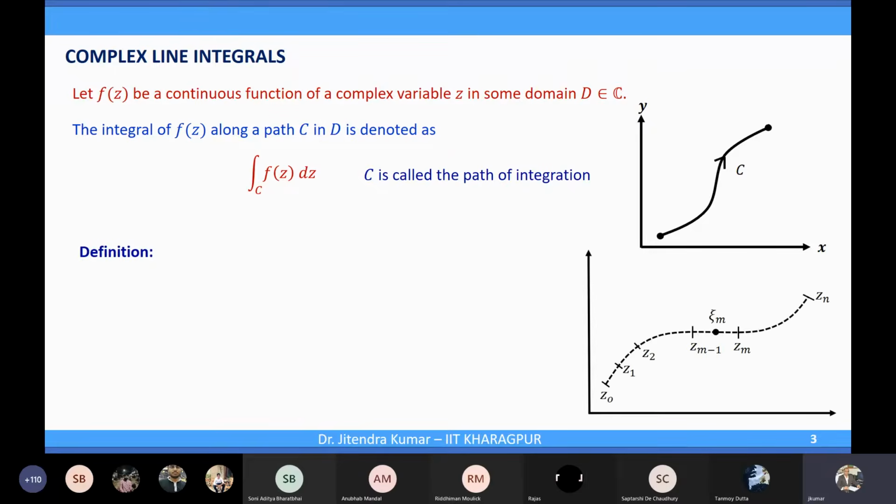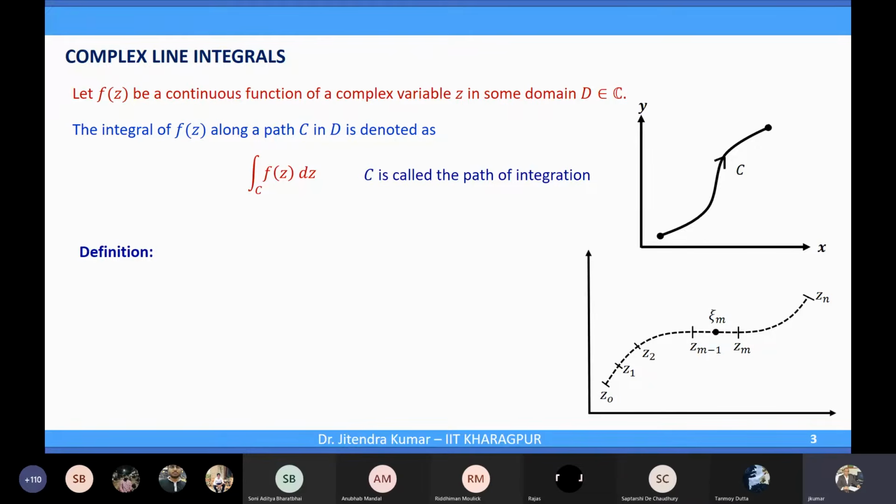That's what we started with, and we have defined that it's similar to what we do in real integrals, where we have just the x-axis, an interval, and we break that into small sections.